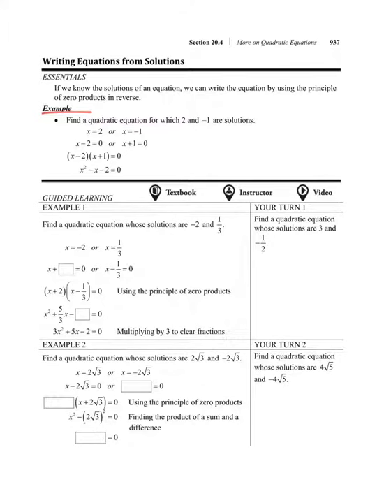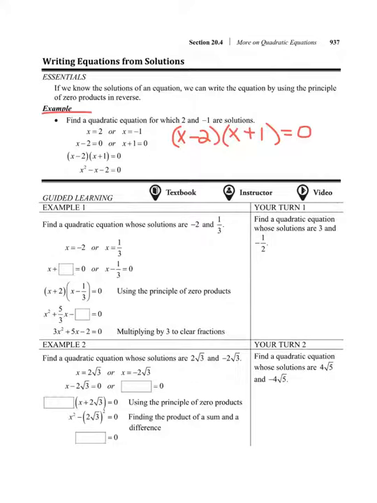So if 2 and negative 1 are solutions, that means that before I got 2 and negative 1, we're thinking factoring. We factored it and we got x minus 2 times x plus 1 equals 0. So that when I set x minus 2 equal to 0, I got x equals 2. When I set x plus 1 equal to 0, I got x equals negative 1.